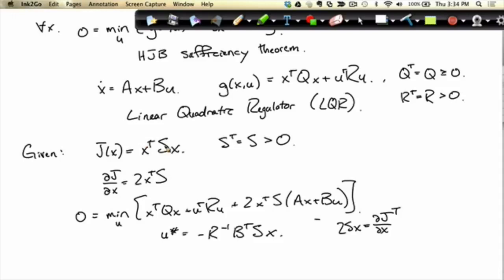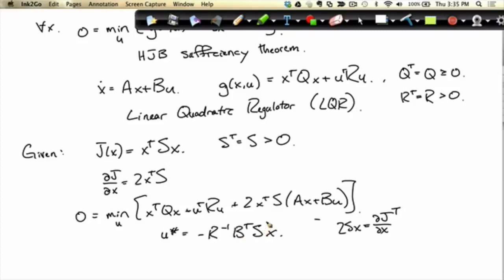The optimal control is go downhill as much as possible, modulated by B, because I can't necessarily go straight downhill. If B has got some 0 elements, I'm going to have to go as downhill as I can, given my control inputs. And then, maybe I favor some control over some other control, so I'm going to modulate that by R inverse too. But this is really go downhill on that quadratic bowl. That's what you should see when you see that.